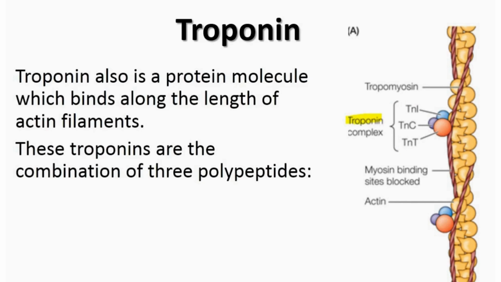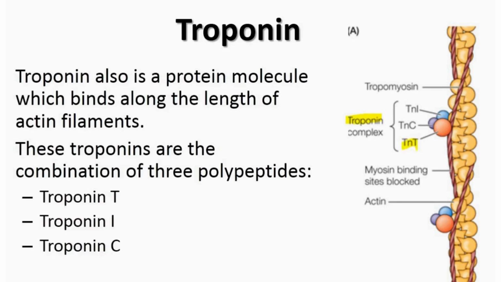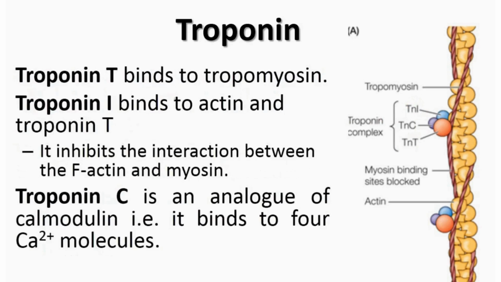These troponins are the combination of three polypeptides: troponin T, troponin C and troponin I. Troponin T binds to tropomyosin, troponin I binds to actin and troponin T, and troponin C is an analog of calmodulin, therefore it binds to 4 calcium molecules.